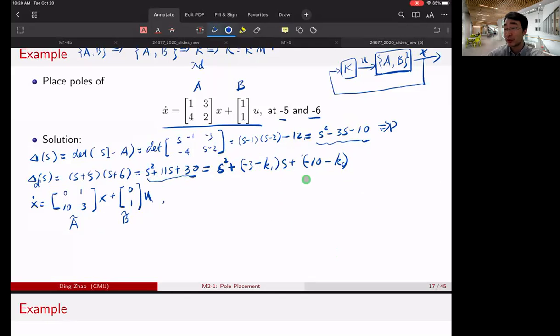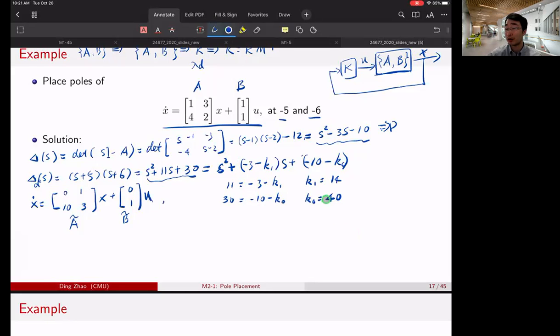So from this equation, we can compute what K1 is and what K0 is. Here 11 equals minus 3 minus K1, and 30 equals minus 10 minus K0. So K1 equals 14 and K0 equals 40.